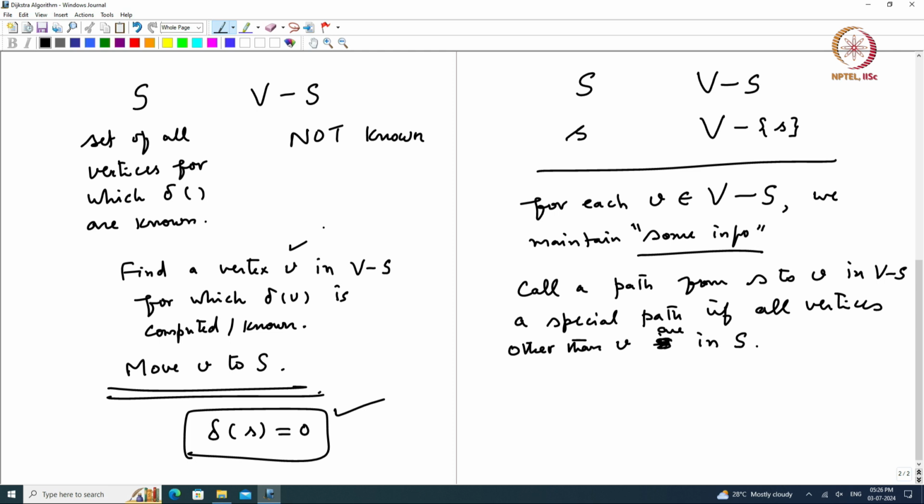A special path may or may not exist. For example, if this is the set of vertices in S and this is a vertex V, a path like this is a special path, because other than the vertex V, all vertices in the path are in S. This is S, this is V minus S. This is a special path, okay.